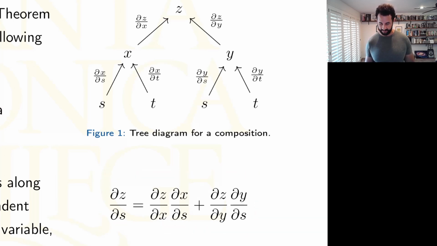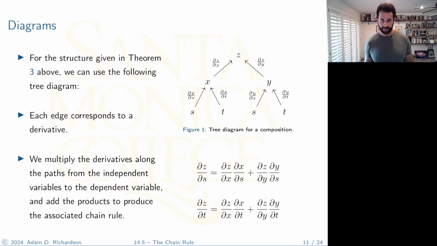That's how we get this one right here. So literally, you make the diagram, look at the dependency relationships, then multiply partials along those paths, and then add all of the different paths up. So this one plus this one gives you the partial of z with respect to s.